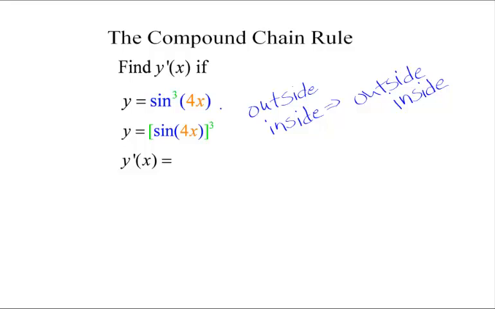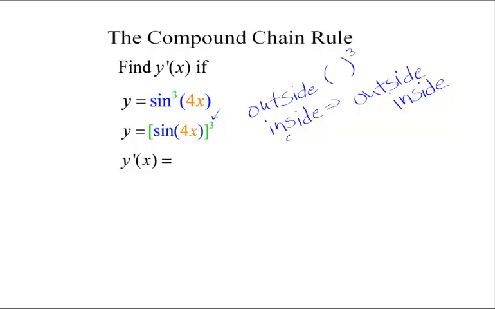Here, the very outside operation, the last thing that was done in this multiple composition, is that we had f of g of x, and it was put into the h function machine, and the h function machine cubed whatever we fed it. So the very first outside function is raising something to a power of 3.